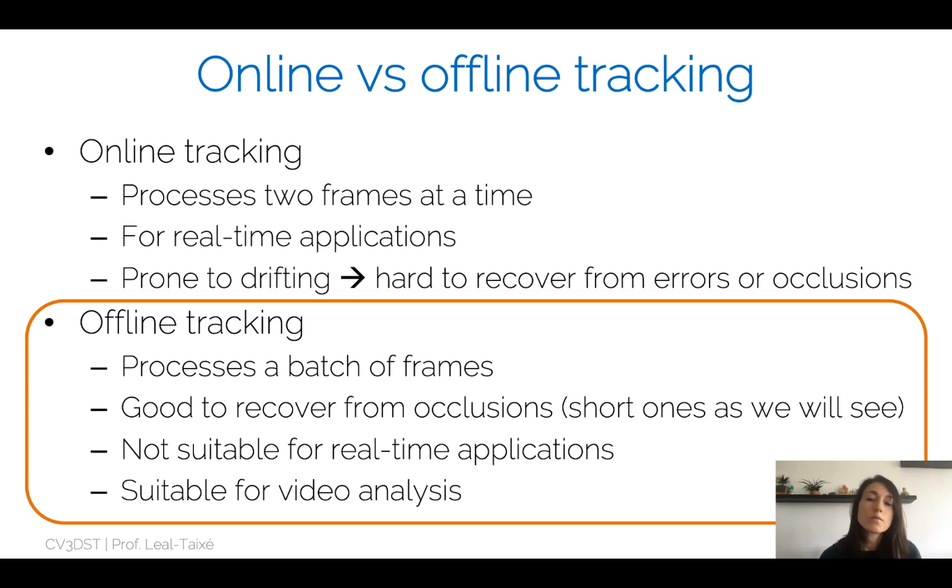So in this case, what we're going to do is process a batch of frames. So in a sense, we are allowed to look a little bit into the future. And therefore, it's a bit easier to recover from occlusions because you can check whether in the next few frames, the target is becoming unoccluded and it's reappearing again.